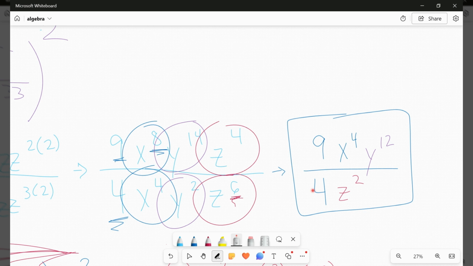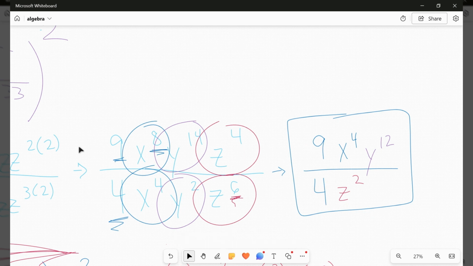But we do not ever subtract these numbers. Just because we're subtracting the exponents does not mean we can subtract their coefficients. These are two numbers divided. So it's 9 divided by 4, which does not simplify, so we just leave it. But again, if you had something like 10 over 4, maybe we could simplify it by dividing by 2. But in this case, that's all we can do.